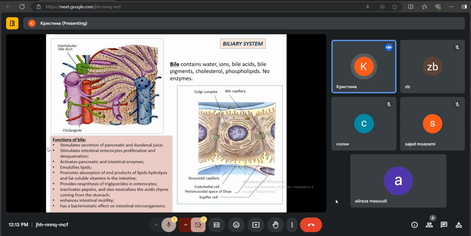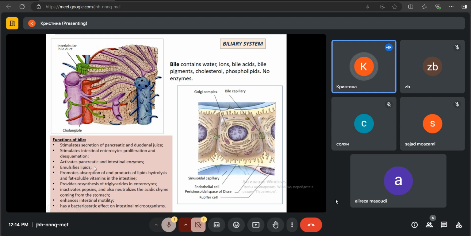The secretion of the exocrine pancreatic glands and secretion of duodenal Brunner's glands. Second, bile stimulates intestinal enterocytes proliferation and desquamation. Next, bile activates pancreatic and intestinal enzymes. It provides the needed pH level and the environment for these enzymes, for their activation.